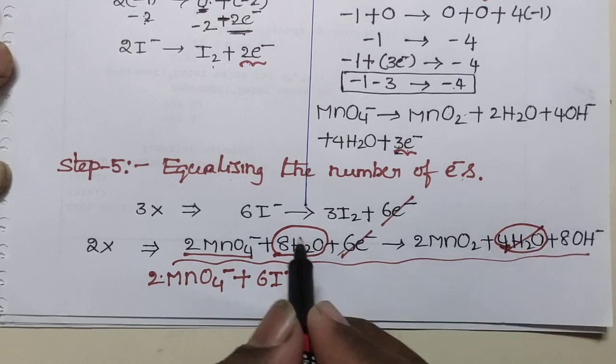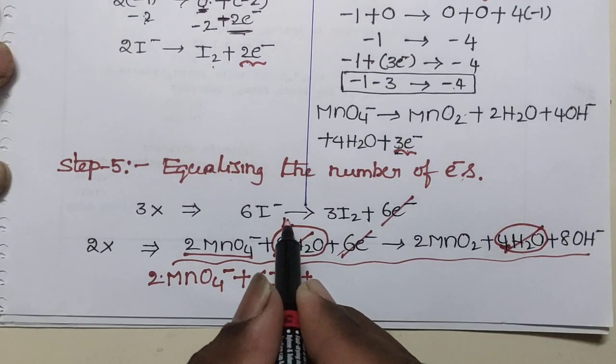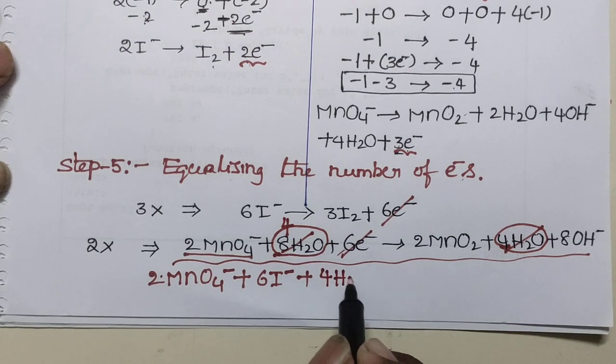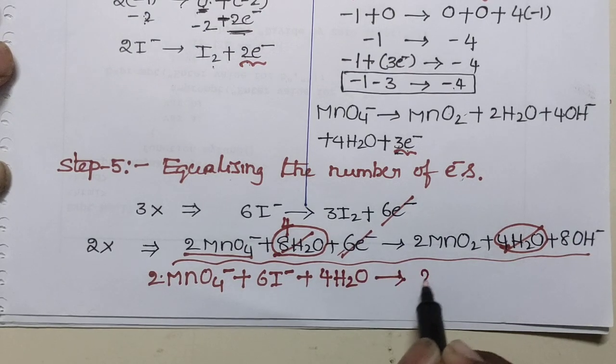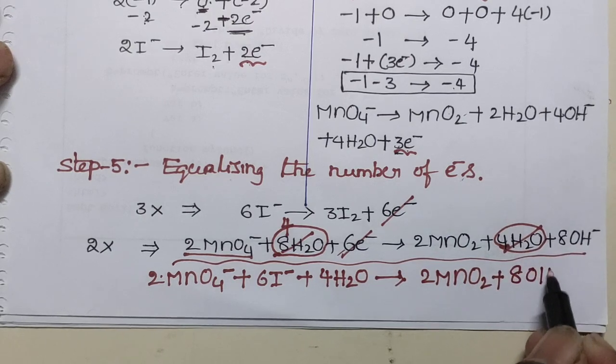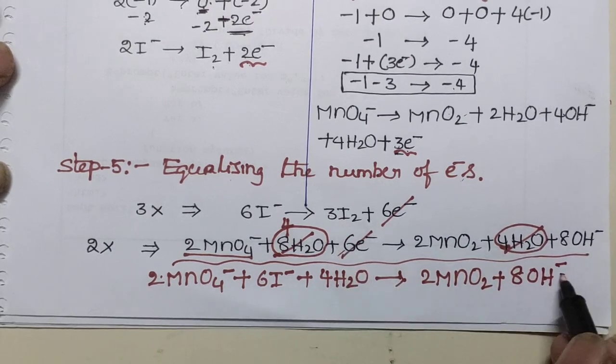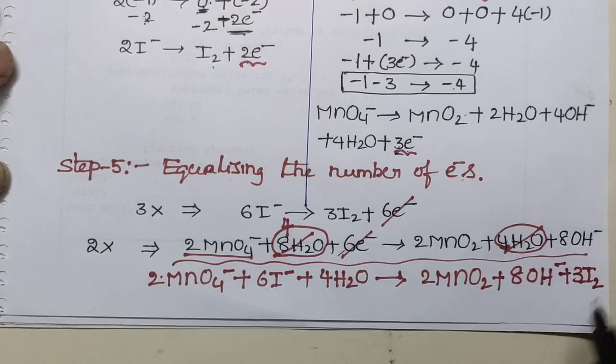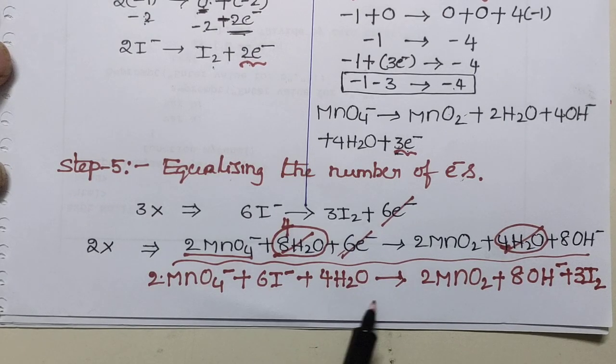So how many water molecules do we still have? Only 4H2O gives rise to 2MnO2 plus 8OH minus plus 3I2. This is the balanced equation.